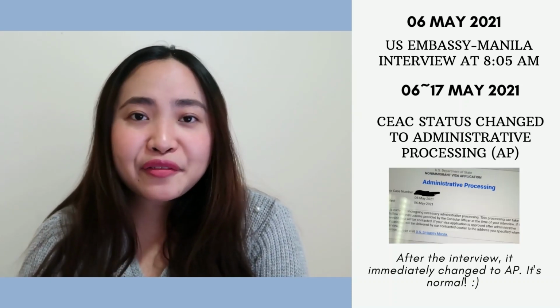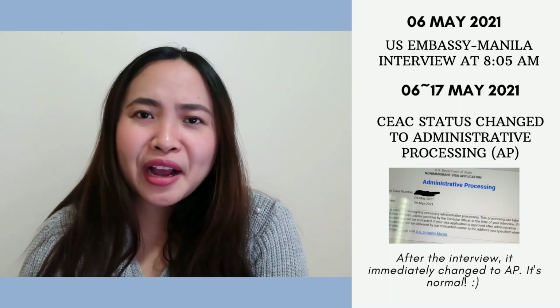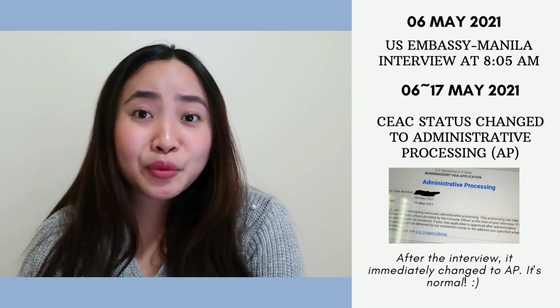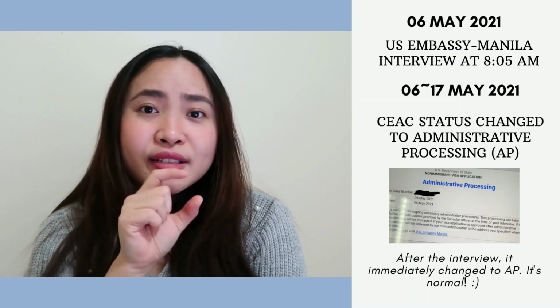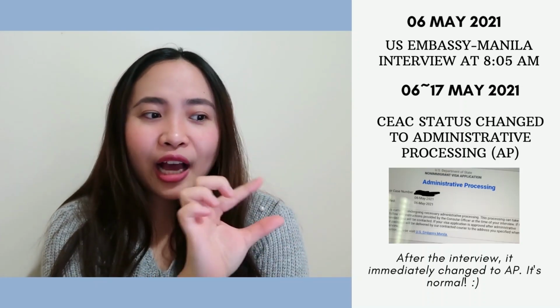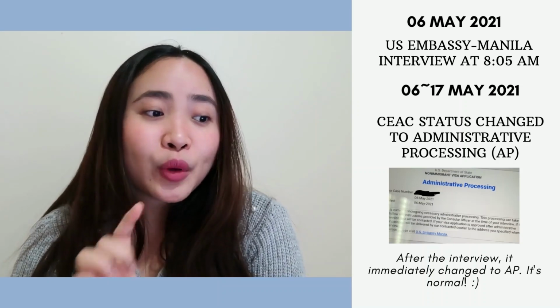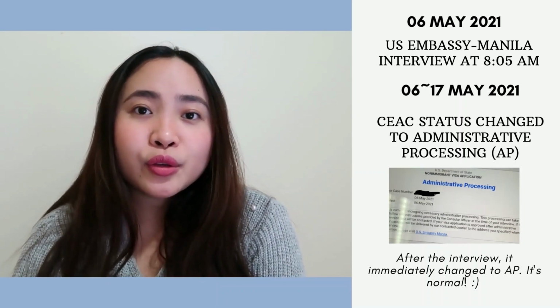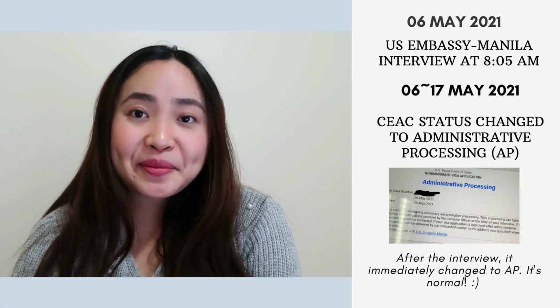I kept on checking every day, sometimes every hour, and then every 3 hours, until I just relaxed and waited for it to change. So as you can see beside this, you will see how it would look in your SLEC website when you check using your case number. It says there administrative processing or AP.